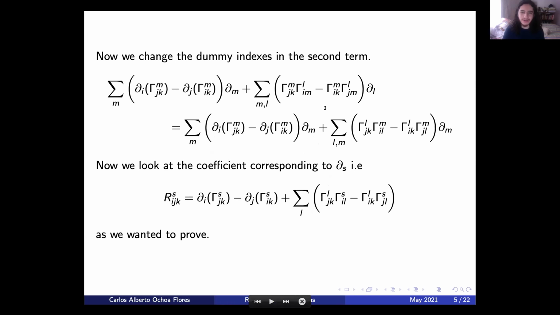So as to have everything in terms of the same coordinate vectors, right? And then we look at the coefficient corresponding to a fixed S. And it will be simply this one, putting an S here, and the sum over S fixing M, right? Putting S here. And this is exactly what we want.